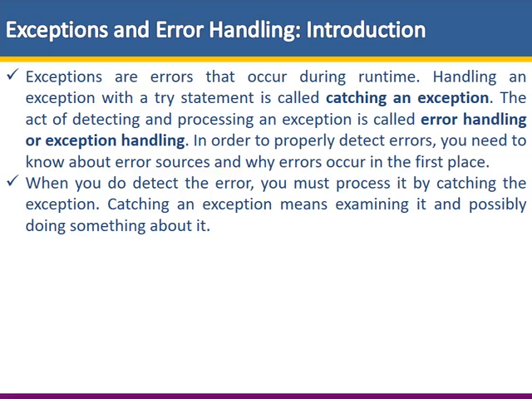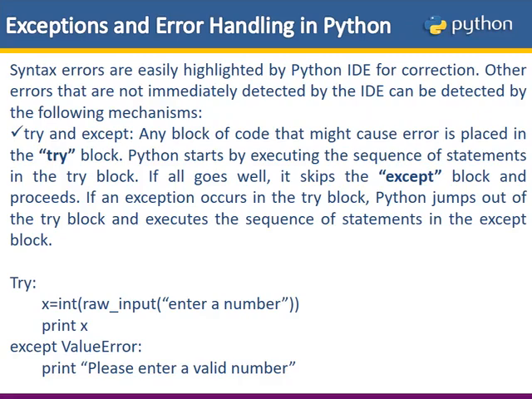So let's see exception handling. I've said it, to avoid the program crashing when an exception occurs, we catch it and handle it gracefully, by using a try and except block. Syntax errors are easily highlighted by the Python IDE for correction.